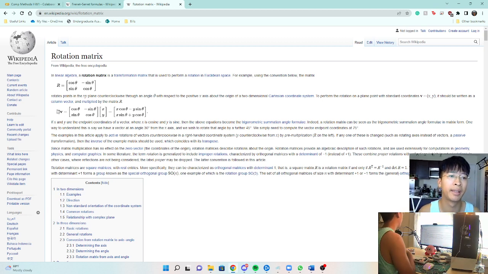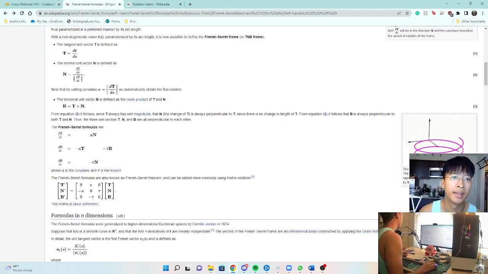A rotation matrix states that if we take a rotation matrix multiplied by a vector function, matrix multiplied, the resulting vector function is that function rotated by whatever the rotation matrix is. In this case, the rotation matrix that we're going to use is the combination of our N and B vectors, the red and black vectors.